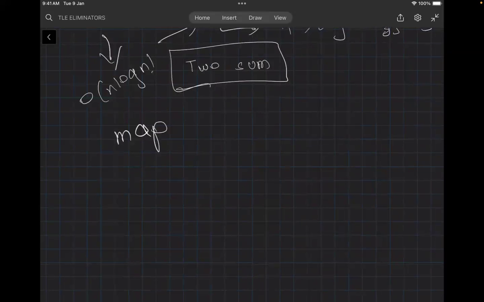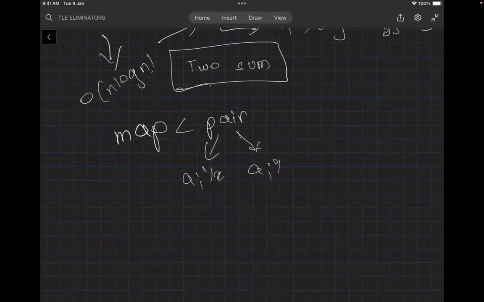The key will be a pair that stores AI mod x and AI mod y. And the value will be the count of elements such that AI mod x is that and AI mod y is this.